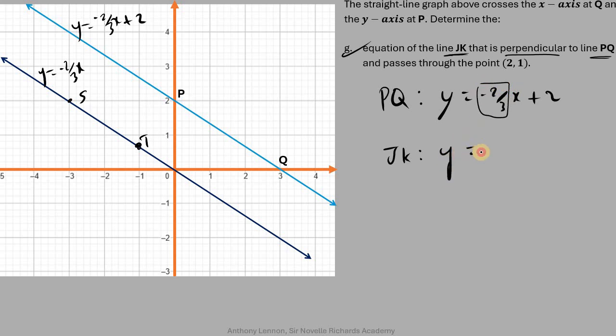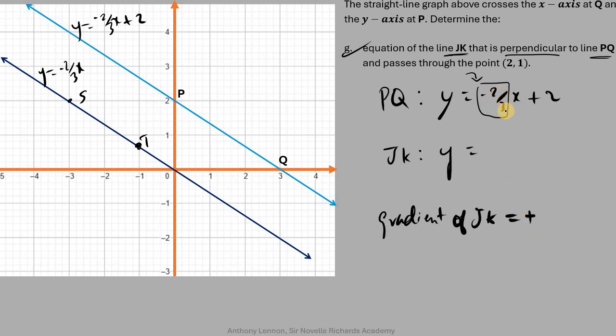The gradient of JK will be the negative reciprocal of this one. A negative reciprocal meaning if this one is negative, then the gradient of JK would be what? Since the one is negative, it will be a positive gradient.